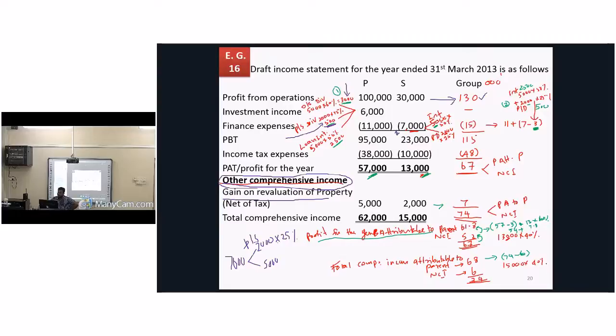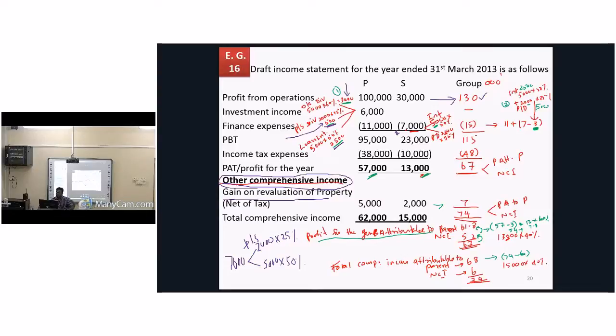Also, parent gave 50% of loans to subsidiary. Therefore, out of this 5,000 interest expense of subsidiary, 50% should be paid to whom? Parent. Therefore, it is how much? 2,500.